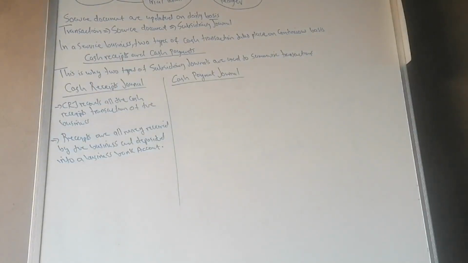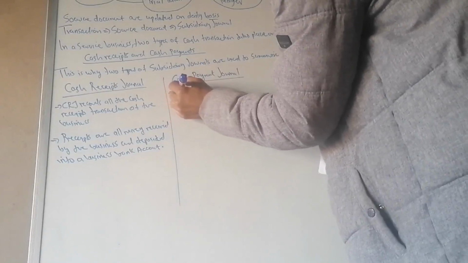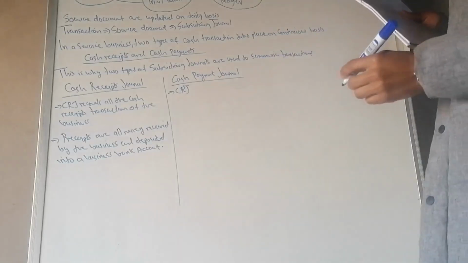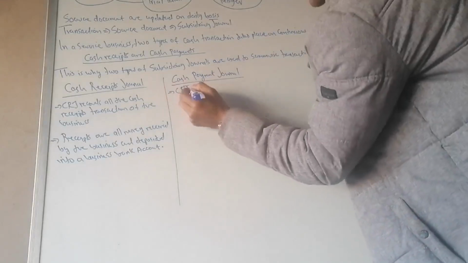Alright, cash receipt journal and then a cash payment journal. The CPJ records all the cash payment transactions of the business. The CPJ records all the cash payments.